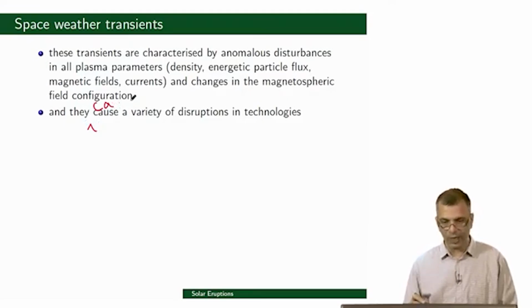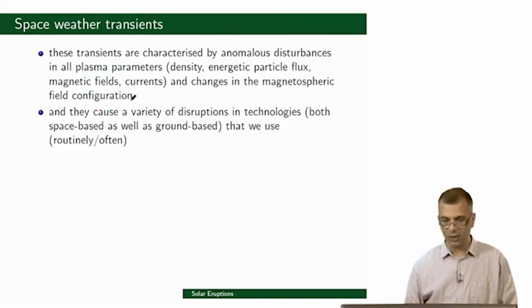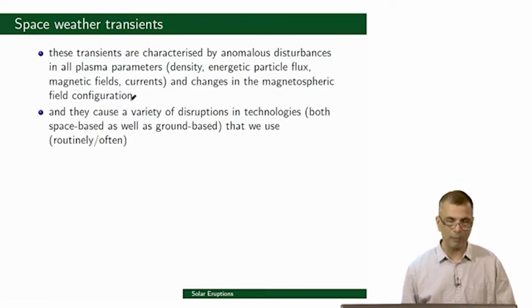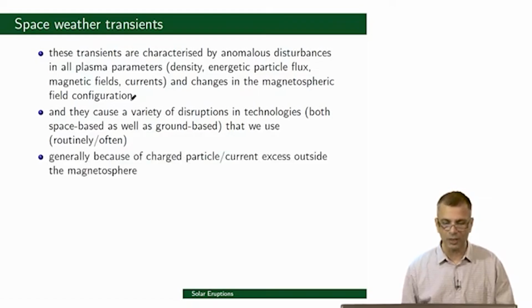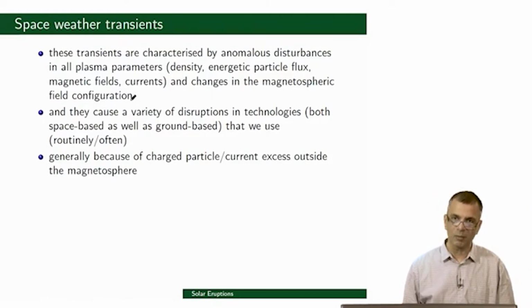They can cause a variety of disruptions in technologies, both space-based as well as ground-based. We know we are very dependent on space-based technologies these days, such as the cell phone that we use, Dish TV, which communicates with Earth orbiting satellites.